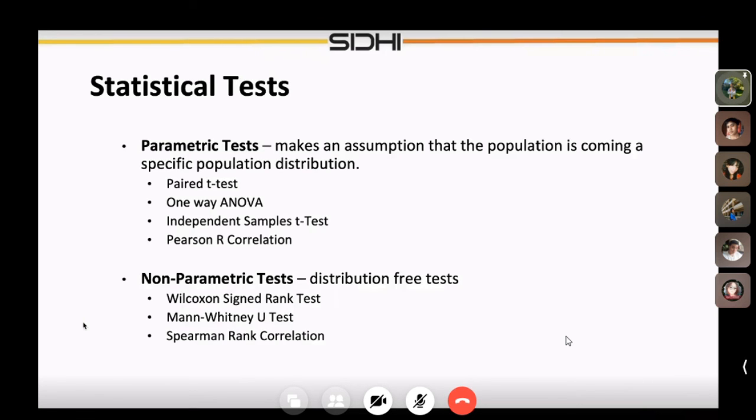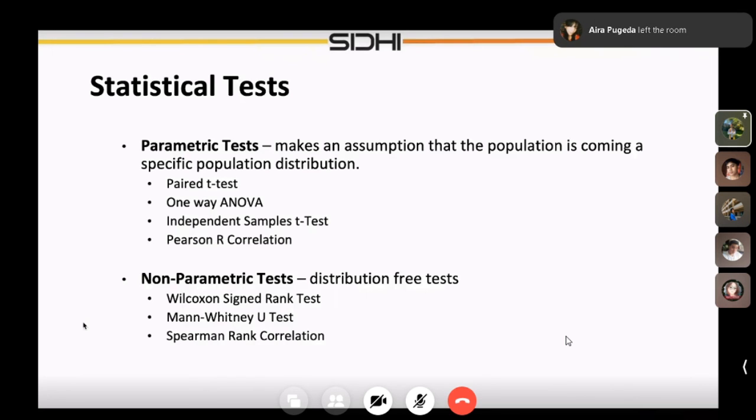Oh wait, sorry. Constant pala yung temperature, no? Actually, if there's a deviation from the 36, what's the allowable deviation? Confidence interval.